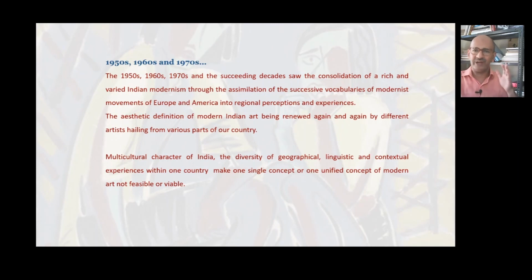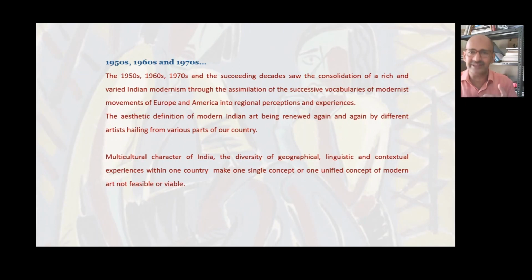So if asked how we should define the modern art of the post-independent era, there will not be a single answer. We have to define modern Indian art from the post-independent era in terms of the different centers of art activities, different regions.